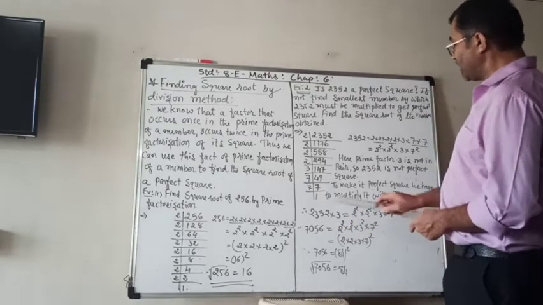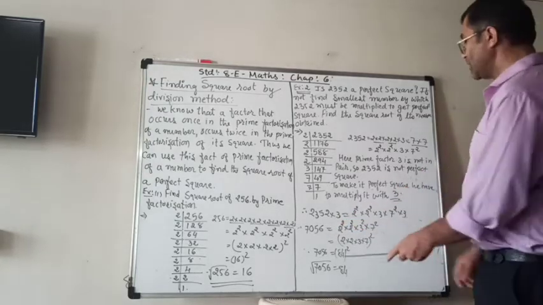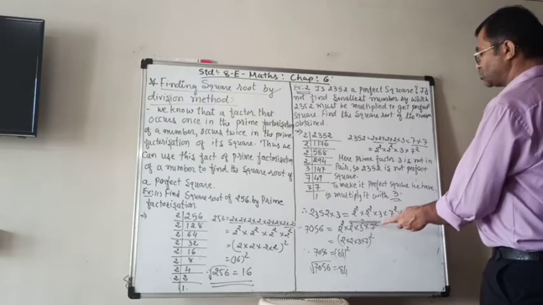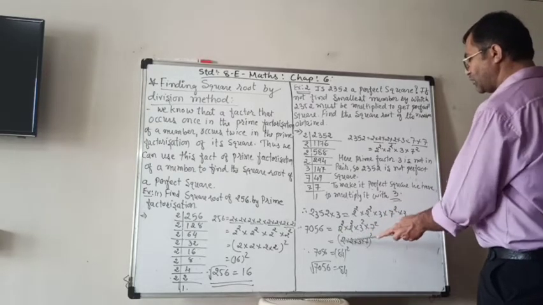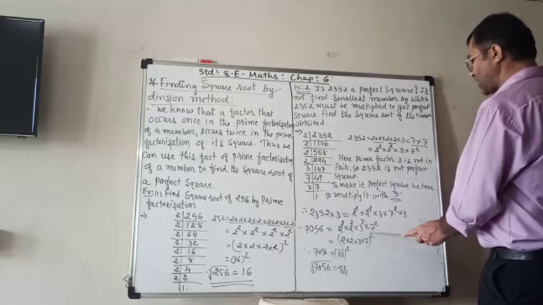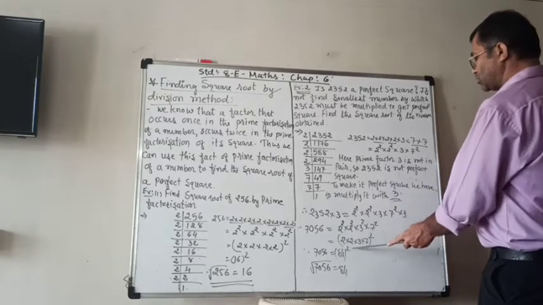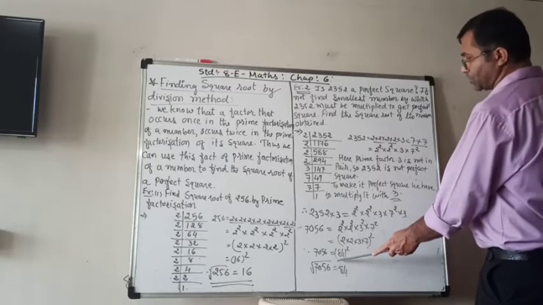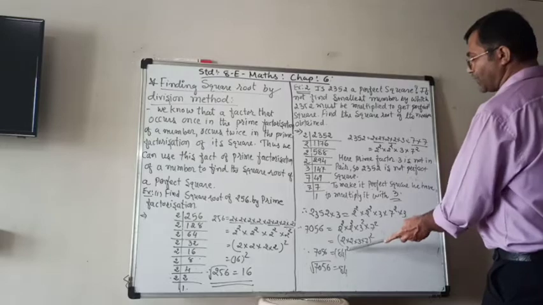So now we have to find the square root of 7056. How? Because we get 2 square into 2 square into 3 square into 7 square. All are in pairs. So we write 2 into 2 into 3 into 7, whole bracket squared. What is the multiplication here? 2 times 2 is 4, times 3 is 12, times 7 is 84. So 7056 is equal to the square of 84.